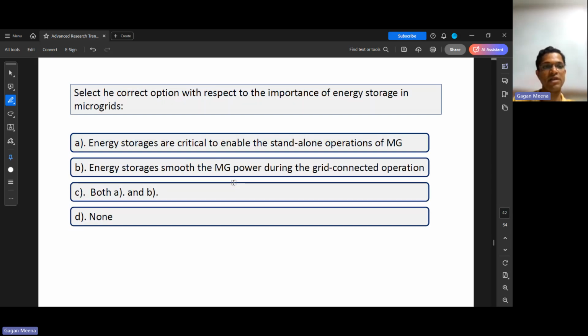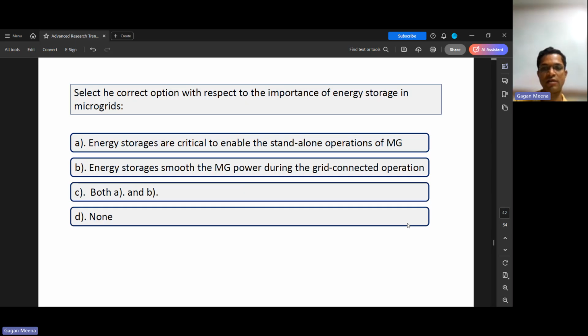So the next question is: select the correct option with respect to the importance of energy storage in the microgrid. The first option is energy storage is critical to enable standalone operation of a microgrid. The second is energy storage smooths the microgrid power during its grid-connected operation. Yes, both are correct.